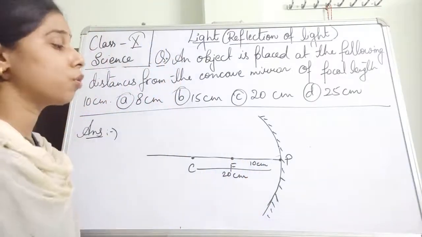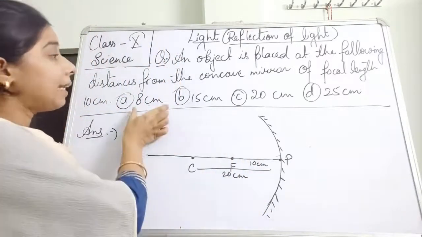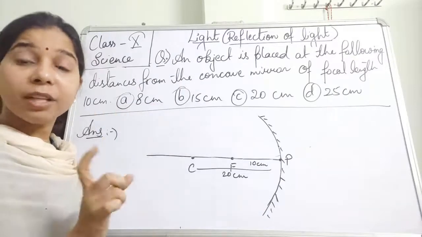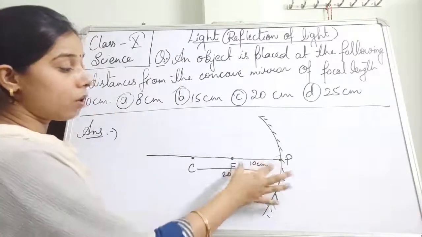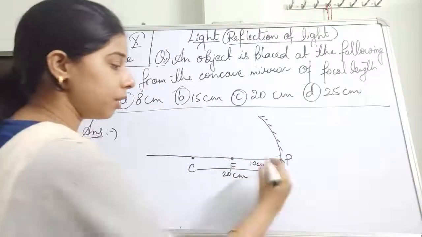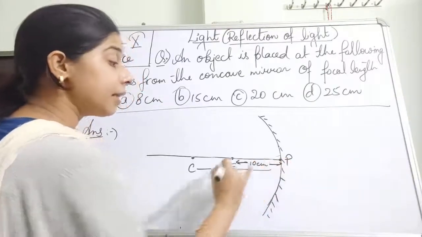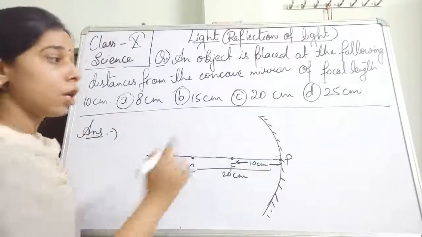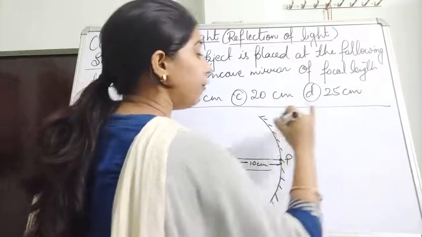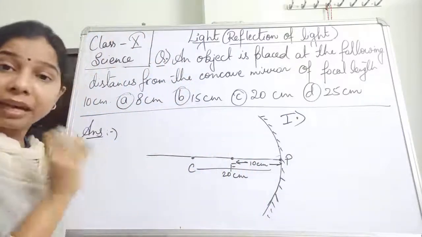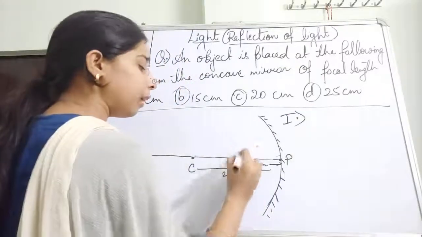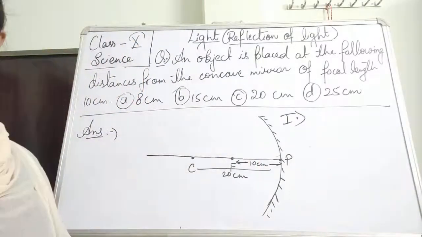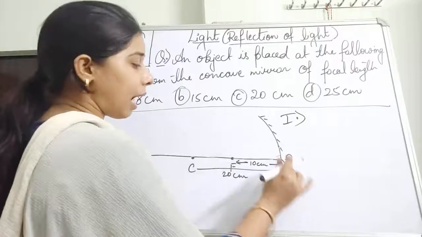Suppose, students, we keep the object at 8 centimeter. The distance between pole and focus is 10 centimeter, so obviously 8 centimeter is in between the pole and focus.